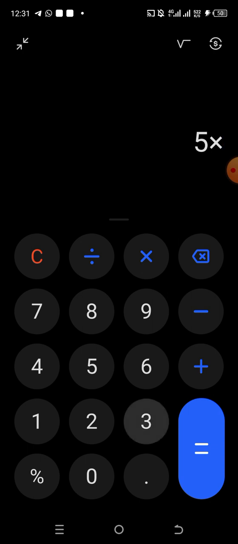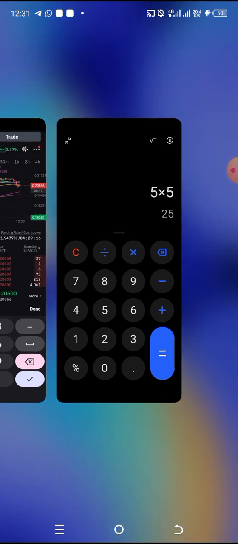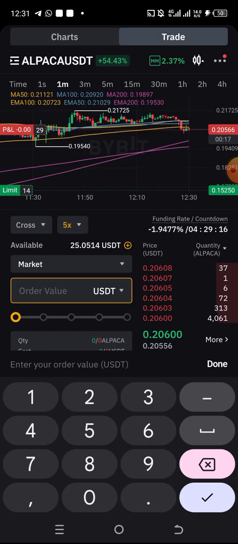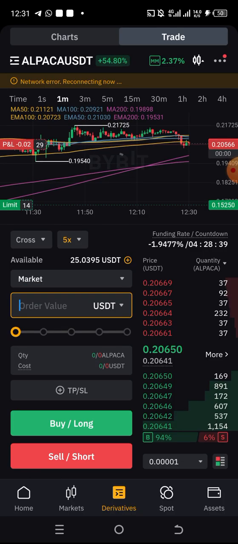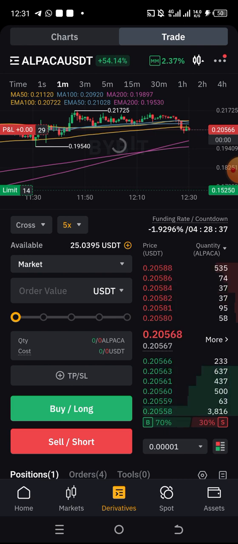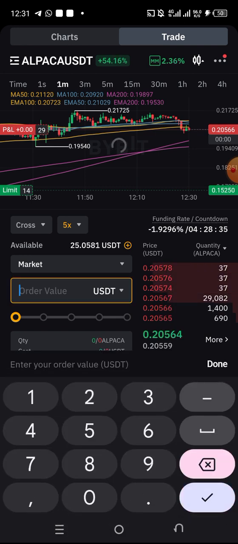If you want to use 3x, you multiply by 3 and you have $15 for trade. If you want to use 4x, you multiply by 4 and you have $20 for trade. So if I want to use 5x, for example, now I have $25, and right here where I am asked to put the value of what I want to use to trade, I will put $25.